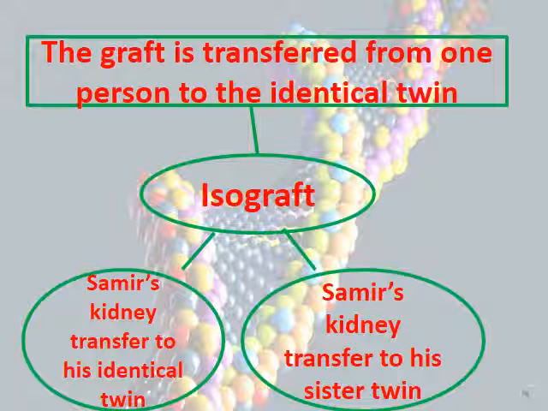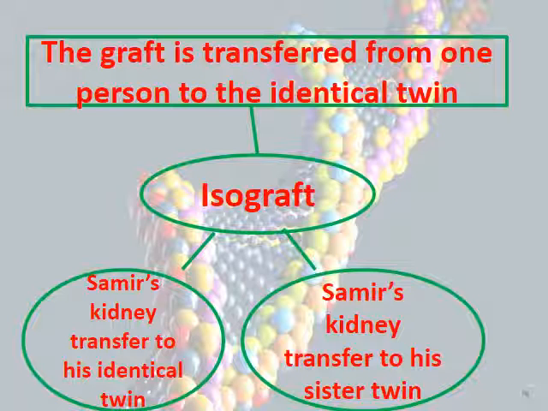Let's move now to isograft. Iso means identical. So it's the graft that's done between two identical twins, not fraternal twins, identical twins. So the graft is transferred from one person to the identical twin of this person.